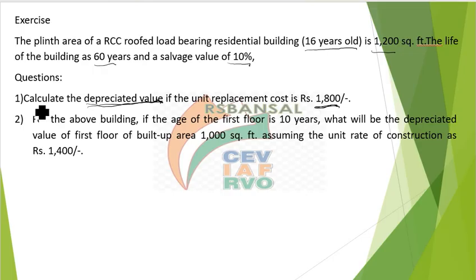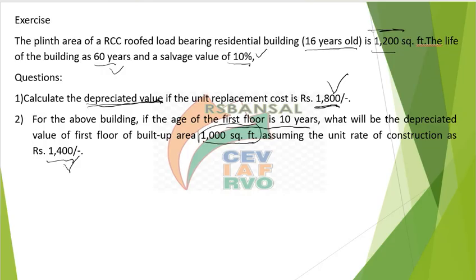For the above building, if the age of the first floor is 10 years, what will be the depreciated value of the first floor of built up area of 1000 square feet, assuming the unit rate of construction as 1400. So for ground floor, unit rate of construction is 1800, for first floor rate is 1400, and salvage value is 10%, life is 60 years, area of the ground floor is 1200 square feet, and area of the first floor is 1000 square feet.